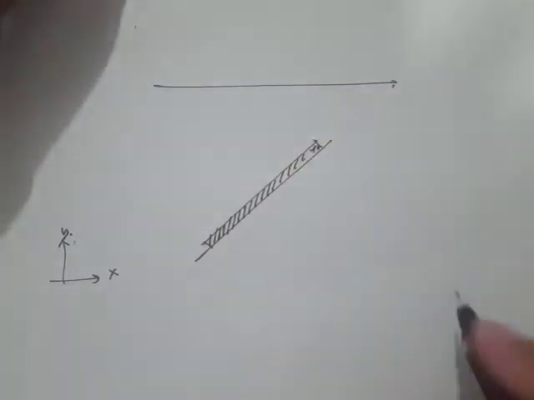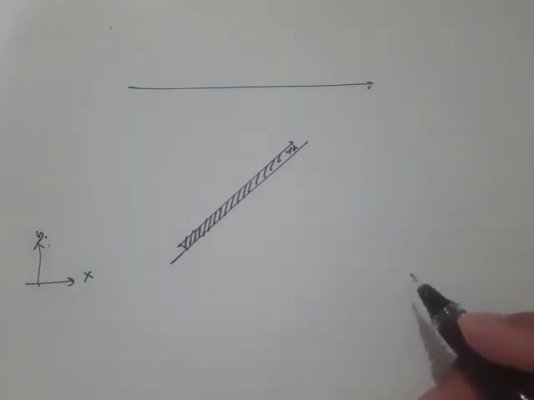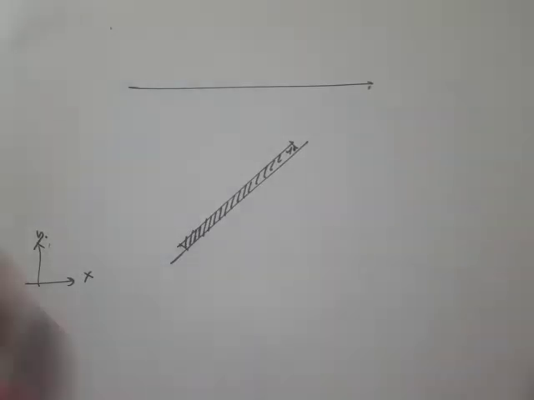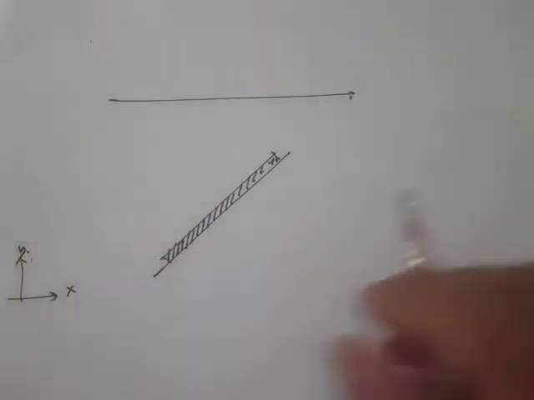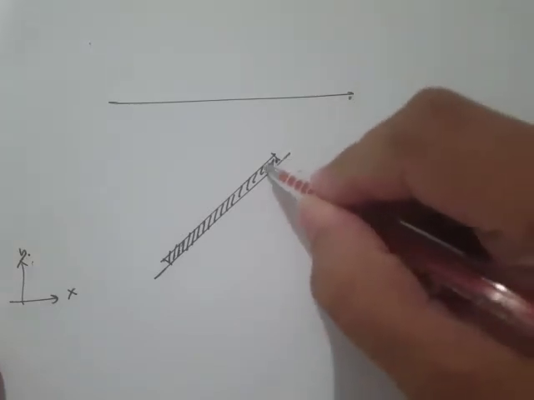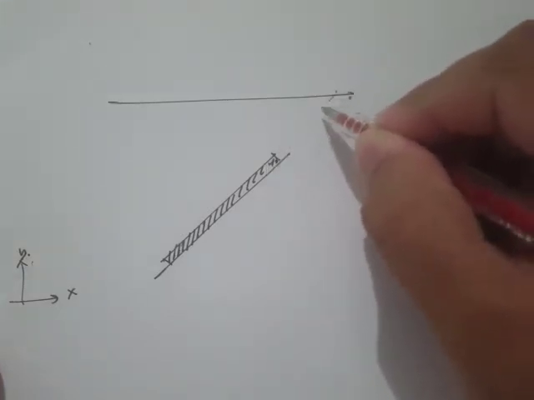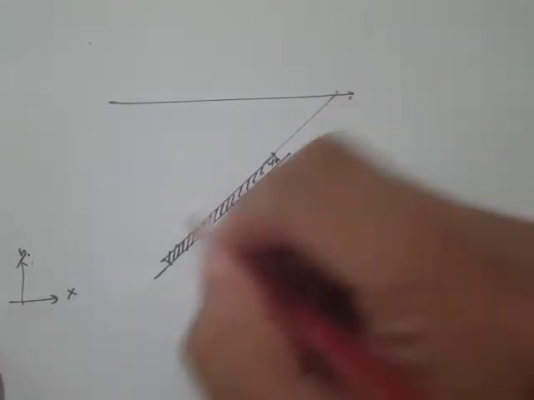This body could be an arbitrary body, or you can just think of any surface, any geometry. All right, so we have learned from the hydrostatic equation that the pressure profile would look something like this.